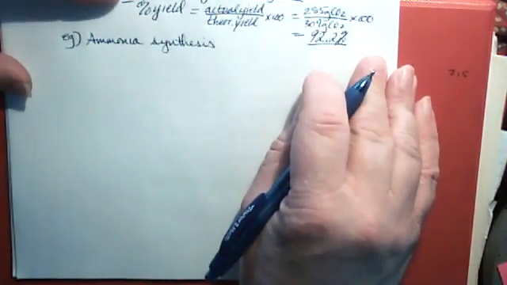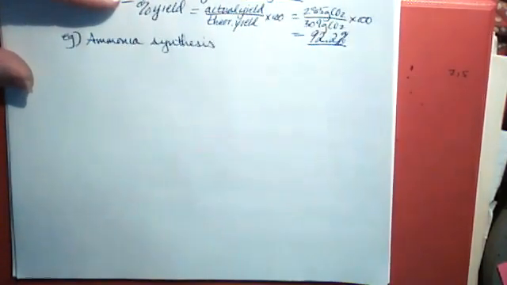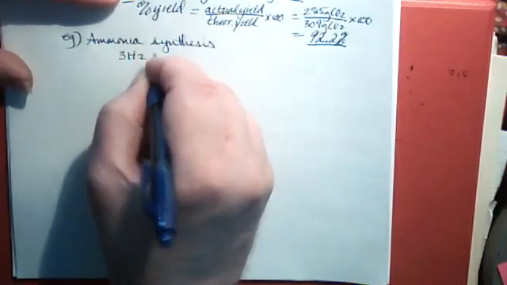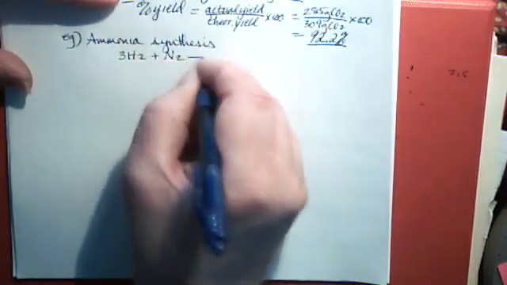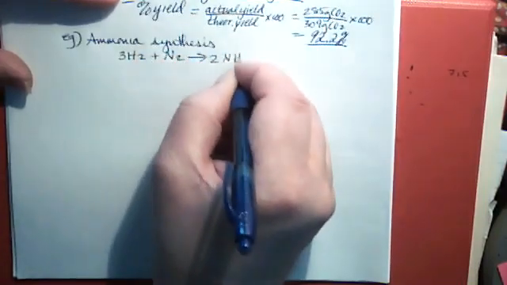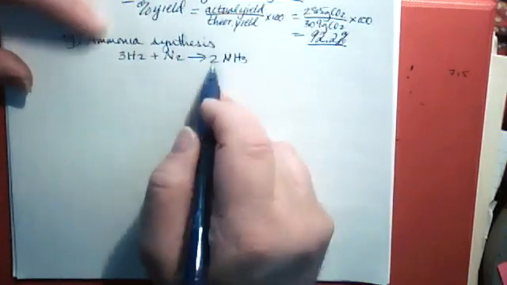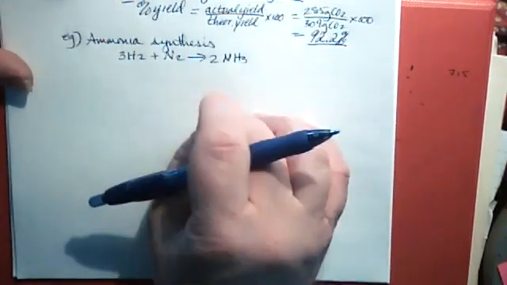One of them is to combine the elements involved in ammonia, which are hydrogen and nitrogen, like so. 3H2 plus N2 yields 2 NH3. NH3 is the formula for ammonia.